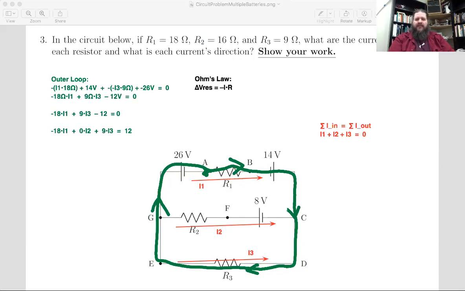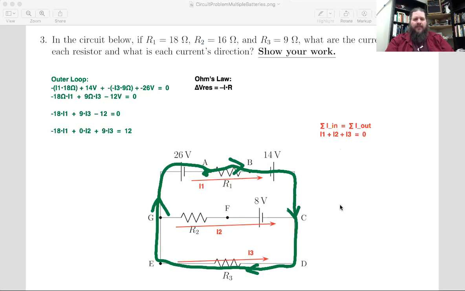If one of the variables doesn't show up at all in an equation, sometimes it's useful to include plus 0 times that variable as a placeholder, just so that all the equations we're dealing with are something I1 plus something I2 plus something I3 equals something. Consistency like that often makes it much easier to solve the system of equations, or at least to keep everything organized. So it looks like that's 2 equations using these unknown variables.